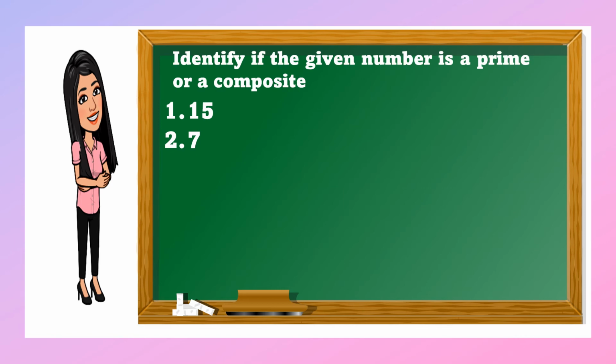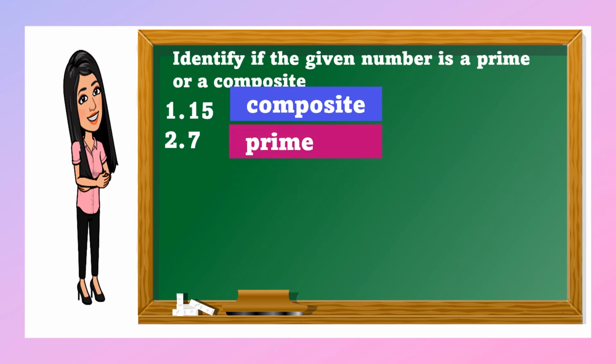How about composite? It has more than two factors. So, what is 15? Is it a prime or a composite? Yes, it is composite. How about 7? Correct. It is a prime number.